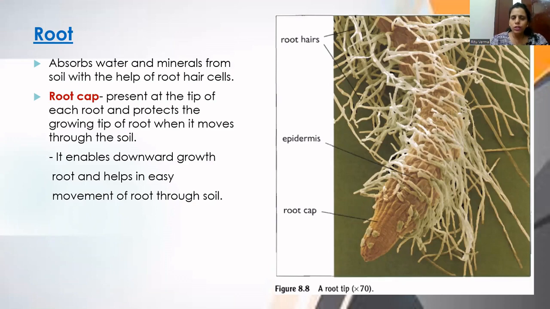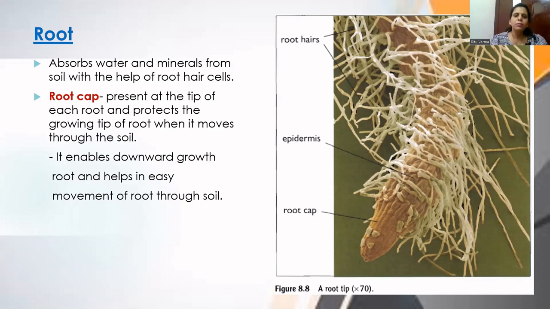Now we all know the functions of the root. The first very important function is that it anchors the plant in the soil and provides support to the plant. The second very important function is that the root helps in absorbing water and minerals for the plant. It absorbs water and minerals dissolved in water from the soil and provides them to the plant.